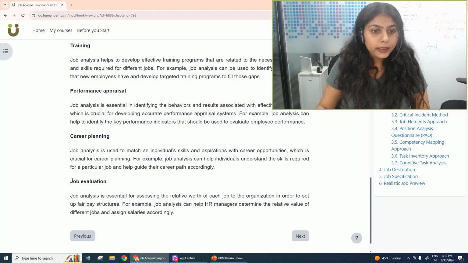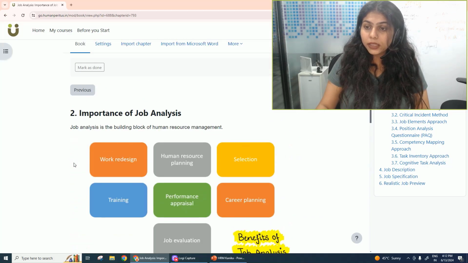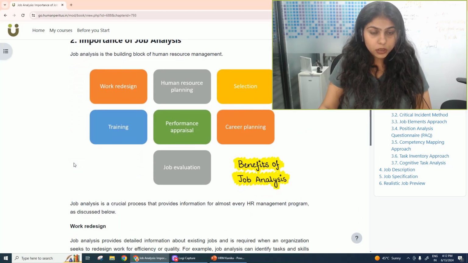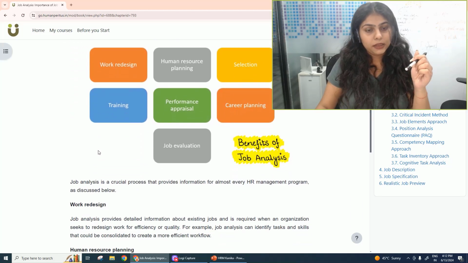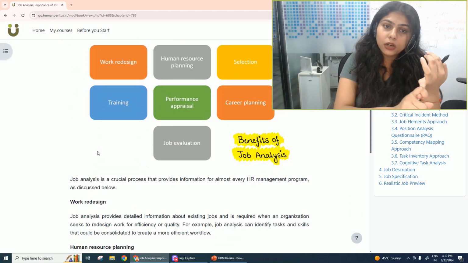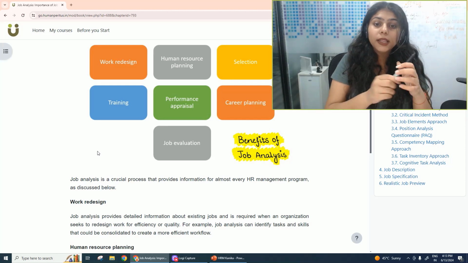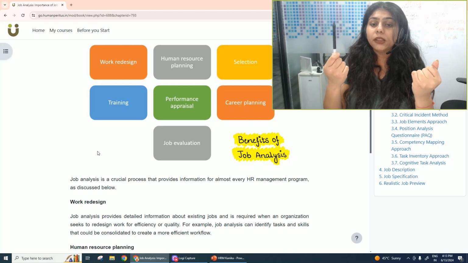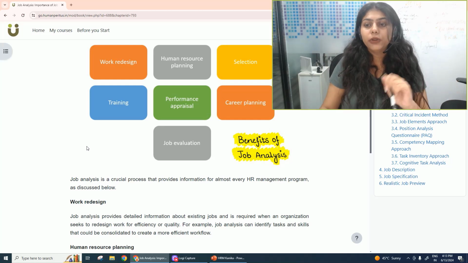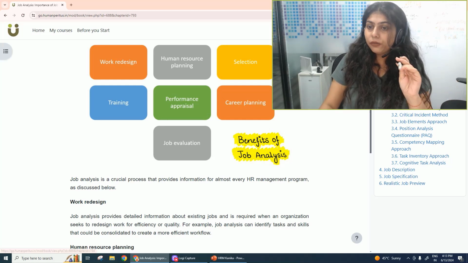So yeah, those are the importances of job analysis. Let's review them. Work design, HRP, selection, training, performance appraisal, career planning, and job evaluation. That is it from the introductory lecture.